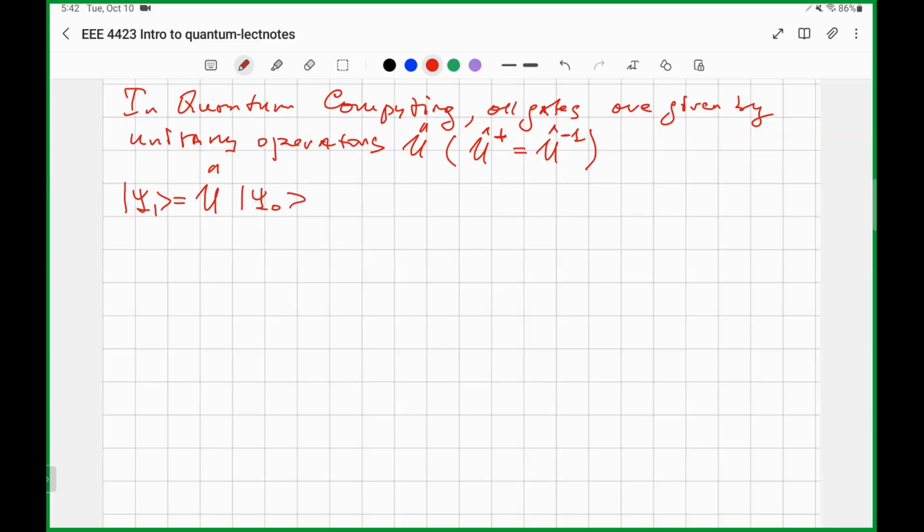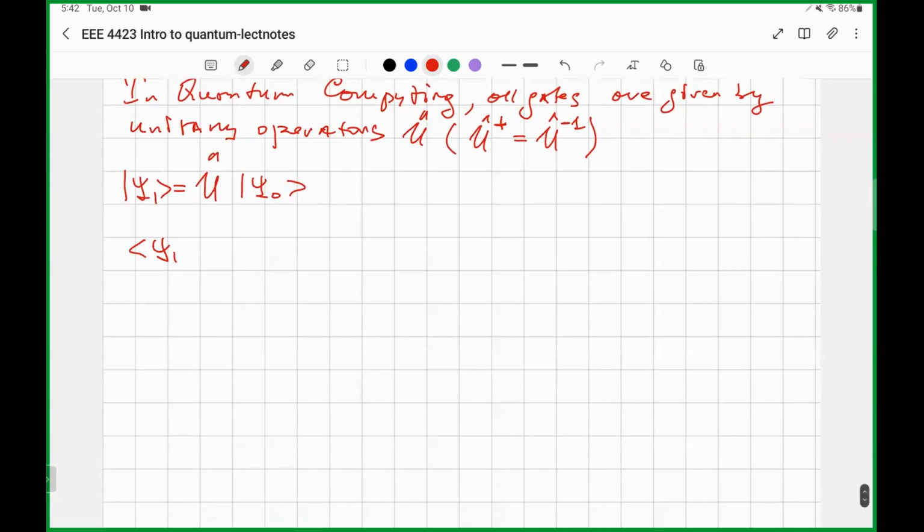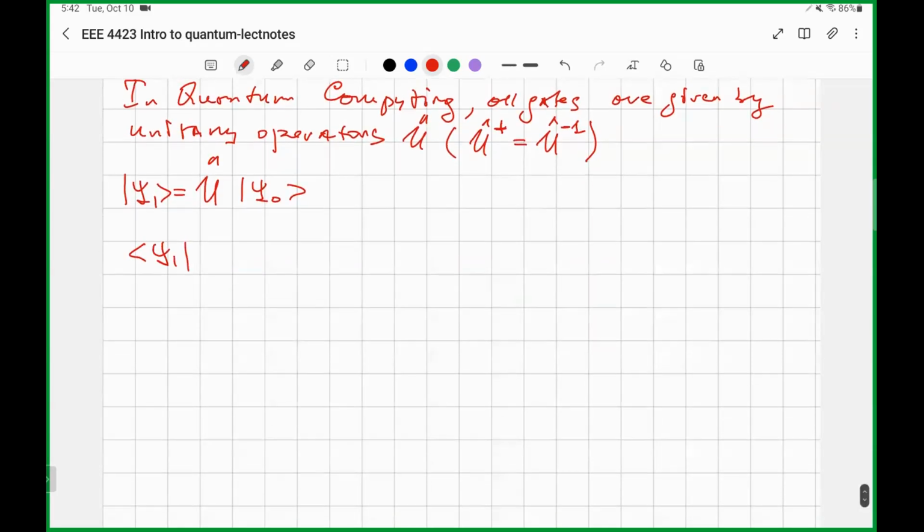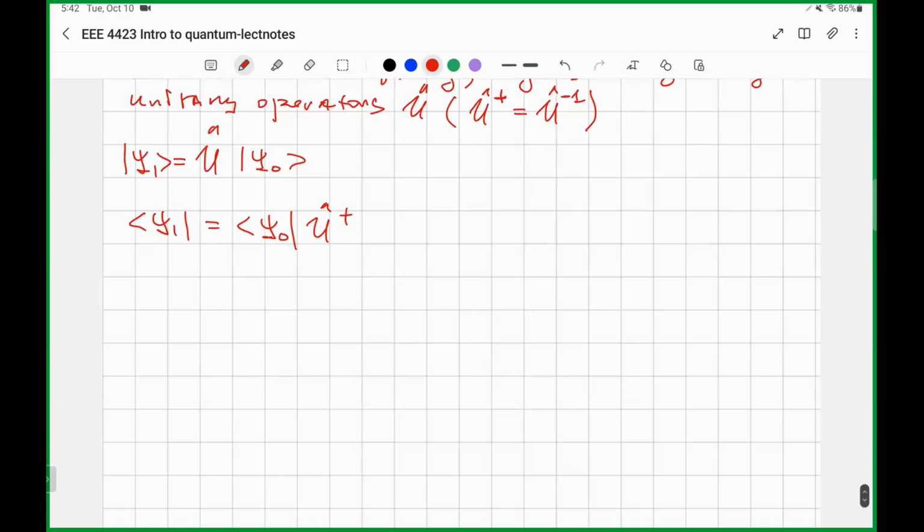So for example, for the bra version of the same vector is equal to this, right? And then I take the dot product of the two, and I get psi 0, then U dagger, then U, and then psi 0.